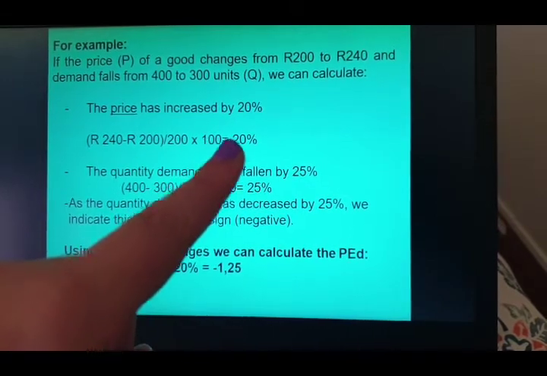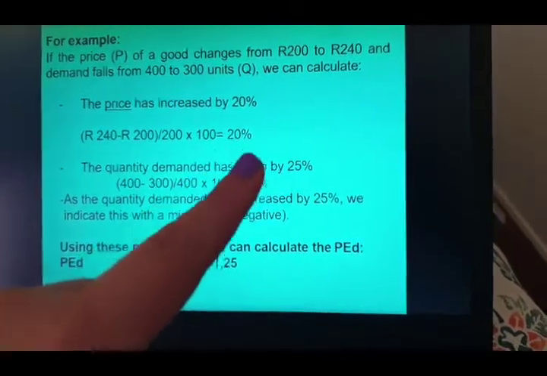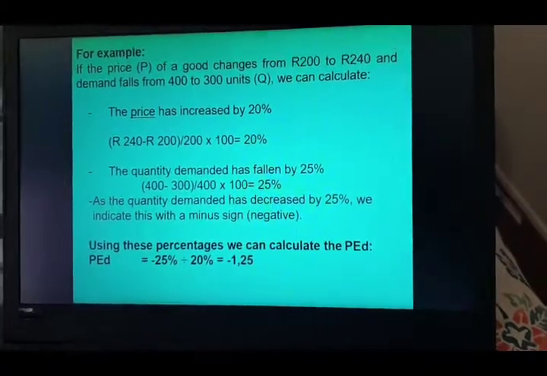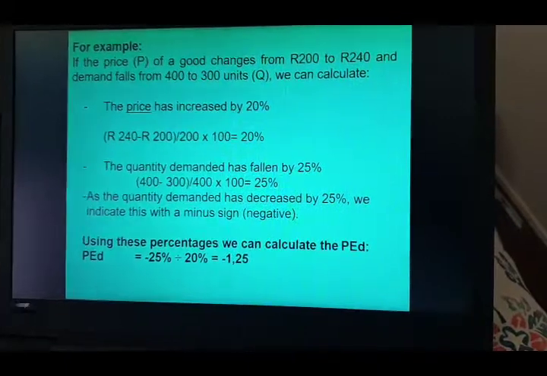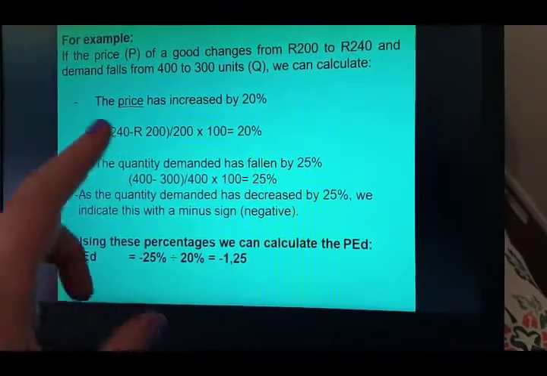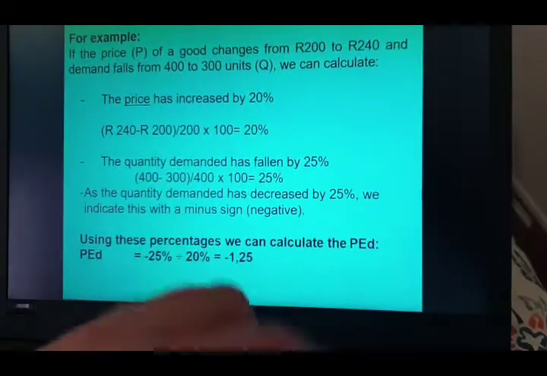Where do we get the 100 from? We want to get it as a percentage, so that's going to give me 20%. So my new price is 240 Rand, so my price increased by 20%.